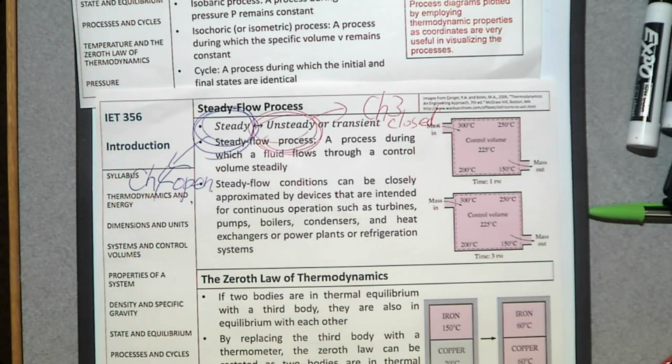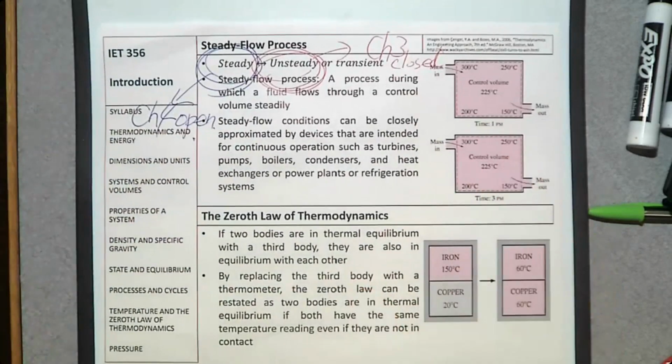So the main chapters in this thermodynamics are going to be chapters 3 and 4. The next one is, by the way, let me know if I'm going too fast or too slow, okay?